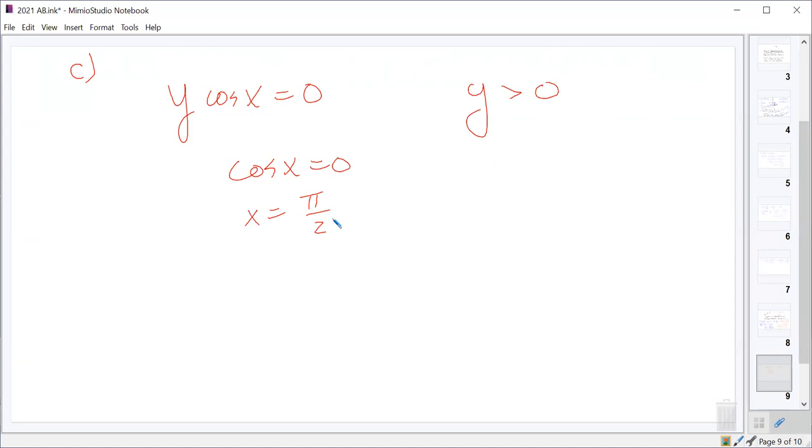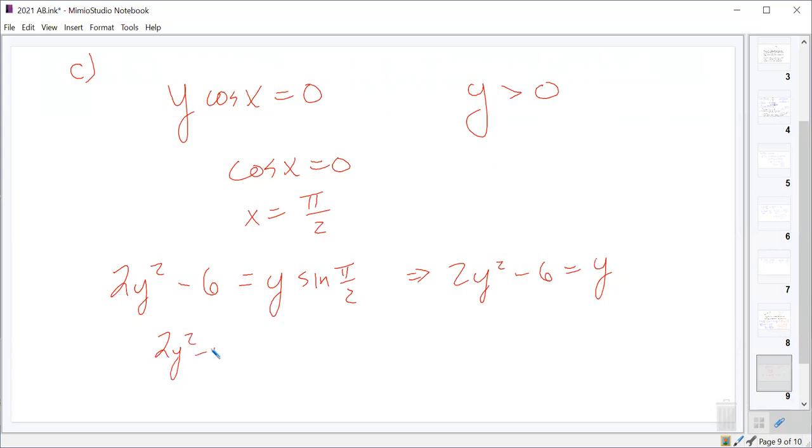We need to find the y coordinate. It said the coordinates of the point. So we'll go back to our original function, which was 2y squared minus 6 equals y times the sine of x. And what's the sine of pi over 2? 1. So this is just y. So we get 2y squared minus 6 equals y, or 2y squared minus y minus 6 equals 0.